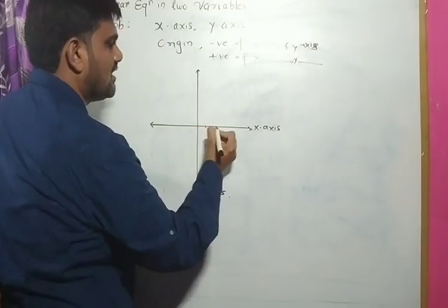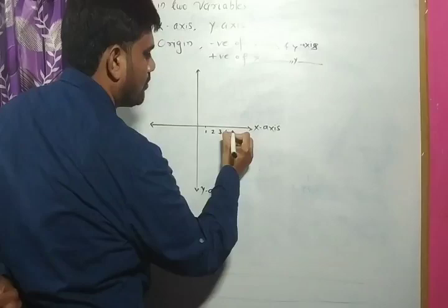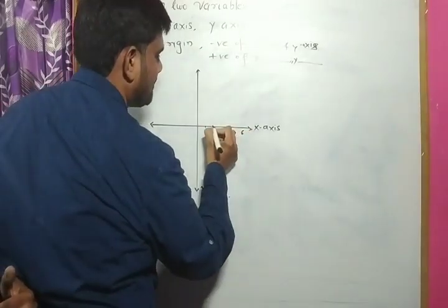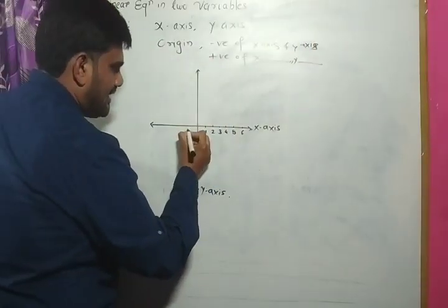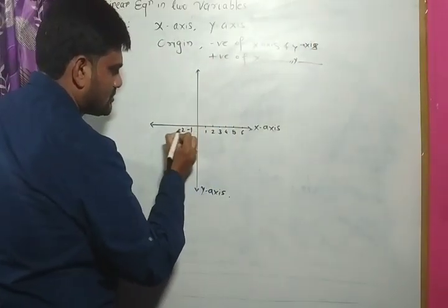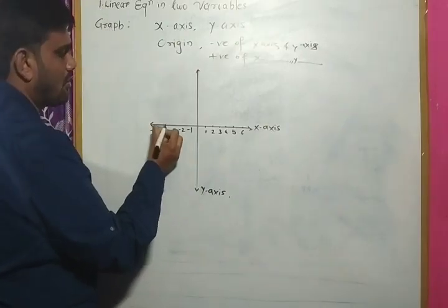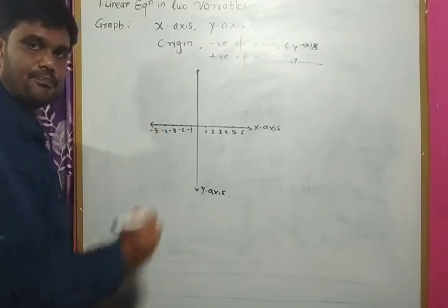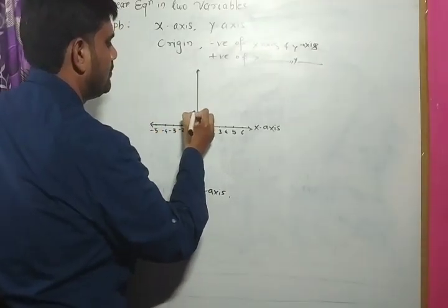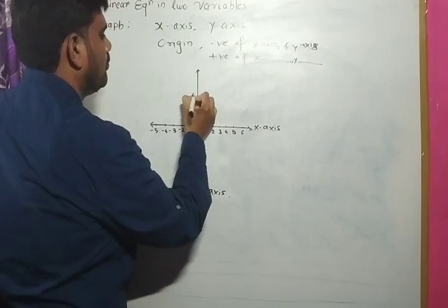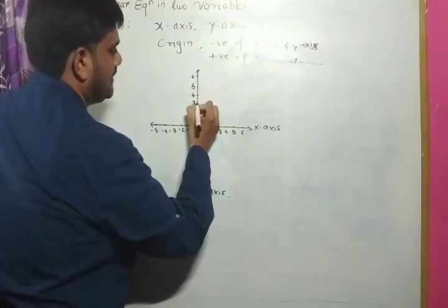The right side is the positive x-axis: 1, 2, 3, 4, 5, 6 onwards, 7, 8, 9, 10. On the left hand side, -1, -2, -3, -4, -5, -6 onwards, right? Again here 1, 2, 3, 4, 5, 6, 7, 8, 9, 10 onwards.